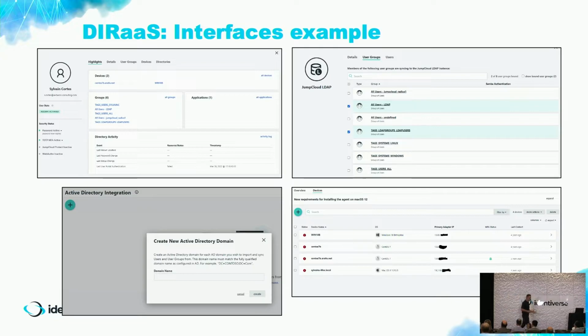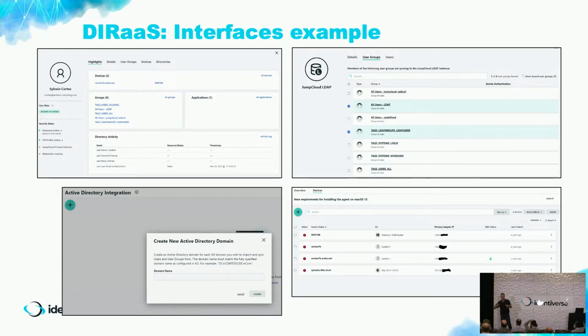Just to provide some examples, and I don't know if you see it very well, but you have some screenshots from a pure directory as a service solution, okay? So you can do some user management. You can do some group management.